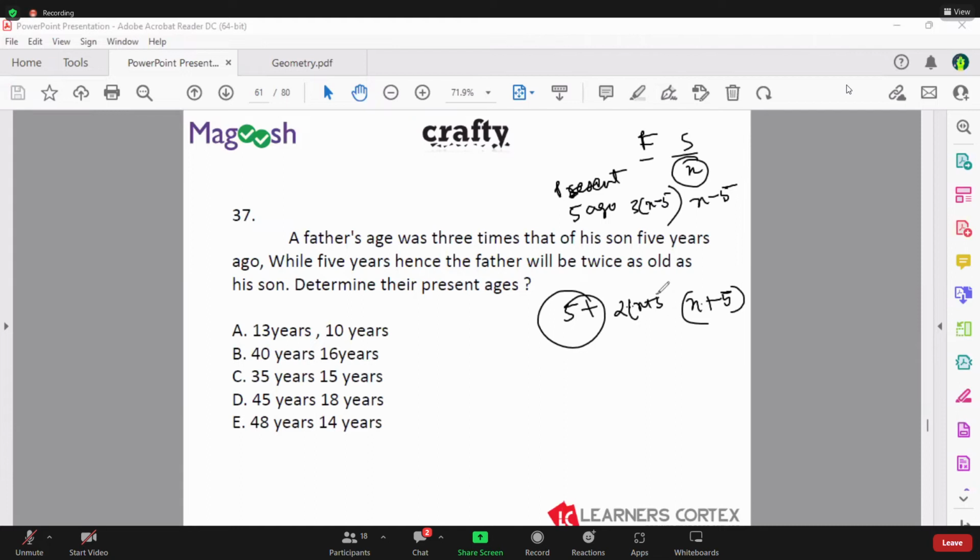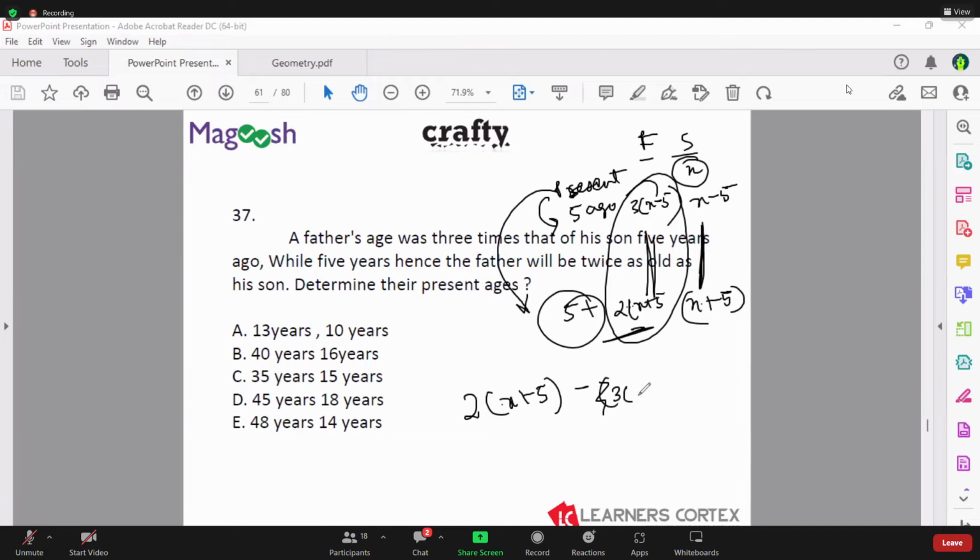The thing is, there is no relation given here, but what we can say is that since from present it was 5 years ago and this is 5 years later, the difference between these two ages is 10 years.